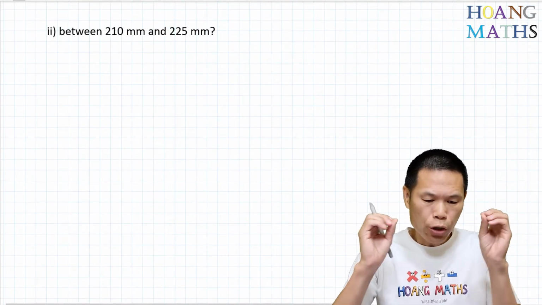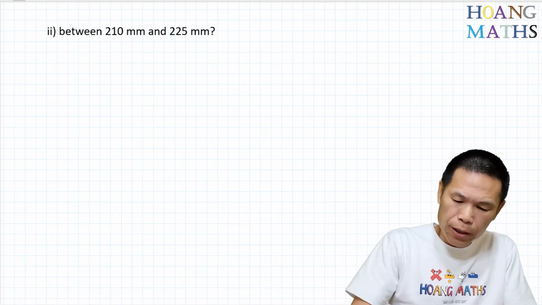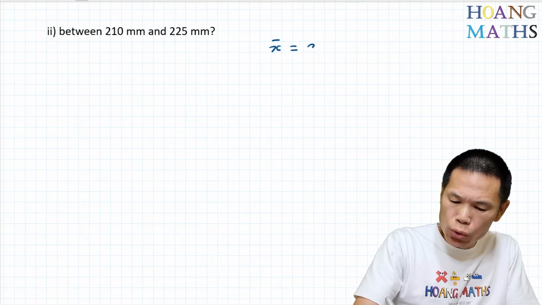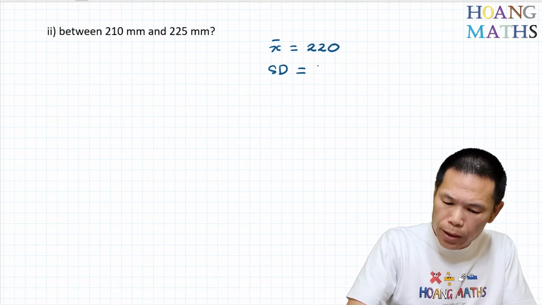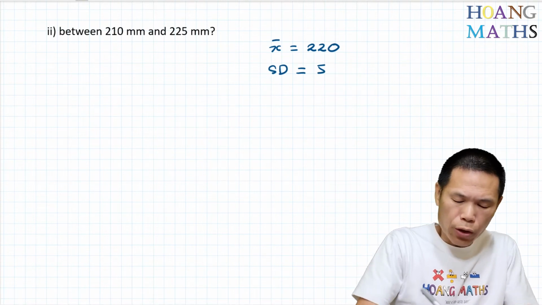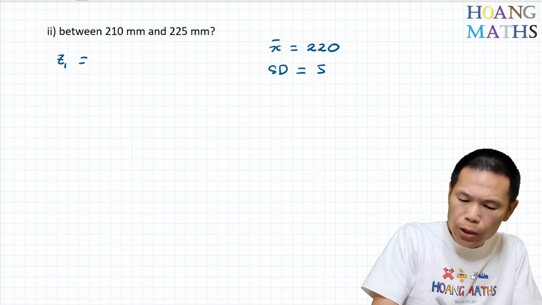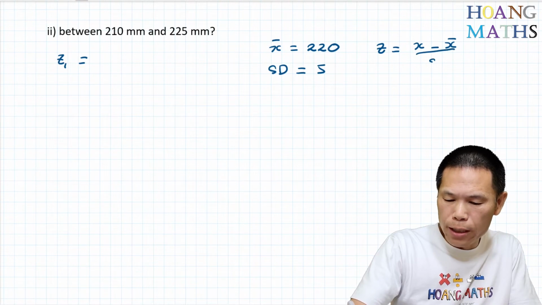Part 2. So between 210 and 225. So we know that the mean is 220 and the standard deviations is 5. So we need to convert into z-score. So z1 is equal to, so z equal the score minus the mean over the standard deviations.